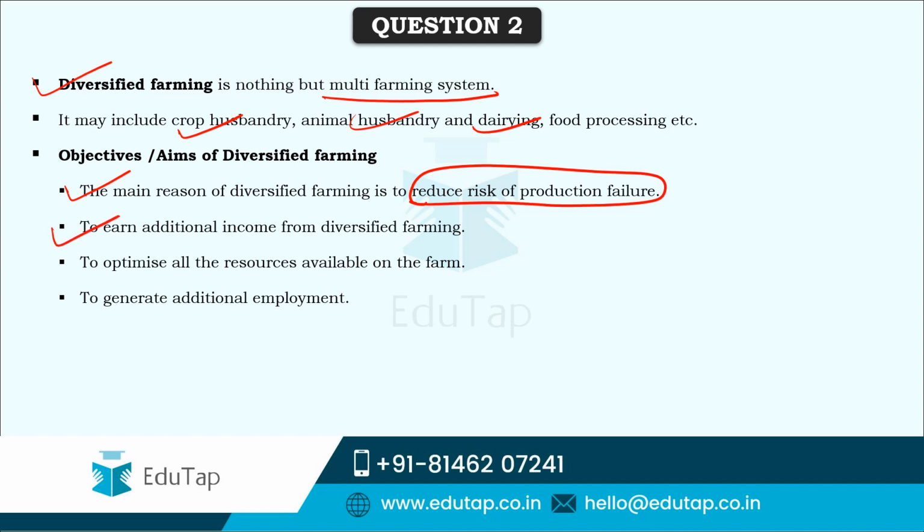And again, to earn some additional income and also to optimize all the resources available on the farm. See, if there is animal husbandry, the dung that comes from that can be converted into farmyard manure, which can be used for the regular crops. And also to have some additional employment. So these are the various objectives, aims, or the plus points of diversified farming.